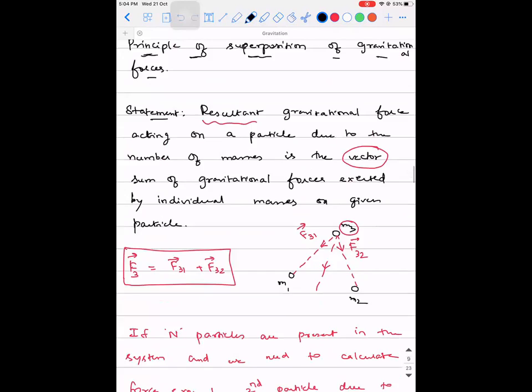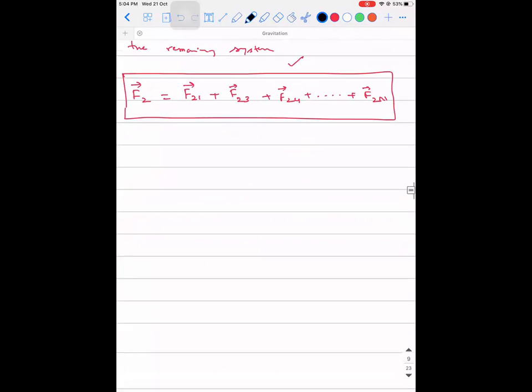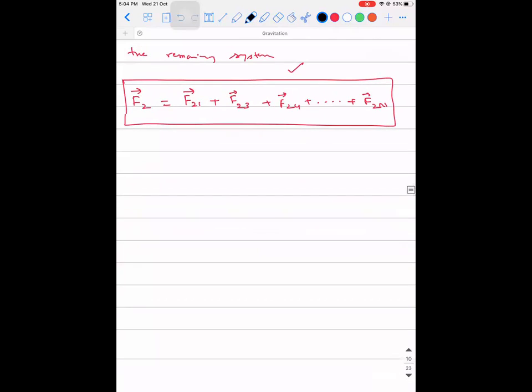Now see, we will do a problem based on the principle of superposition. I'm taking a very simple problem.